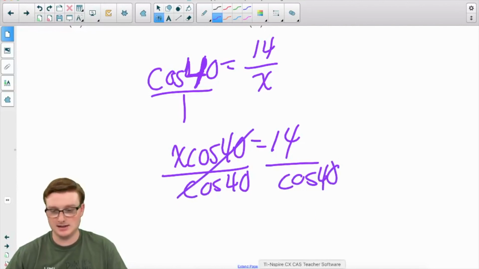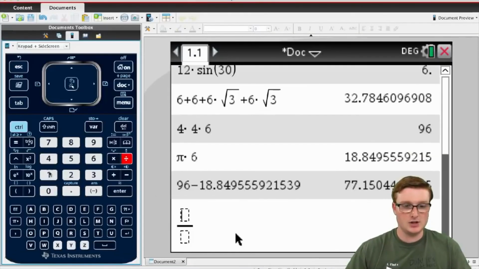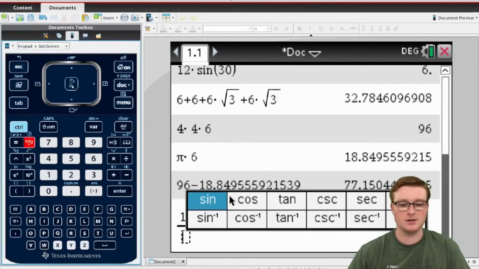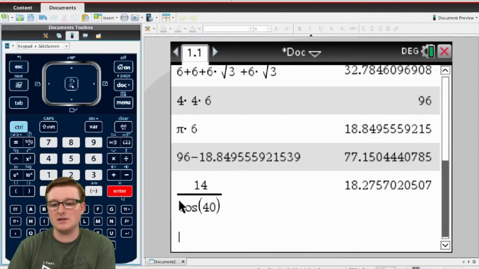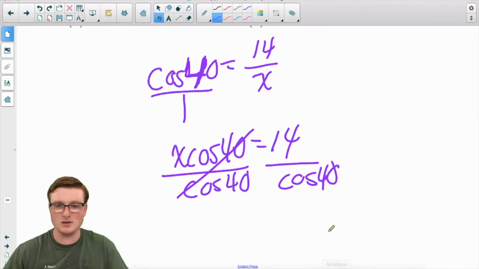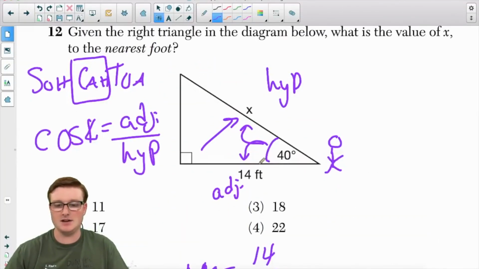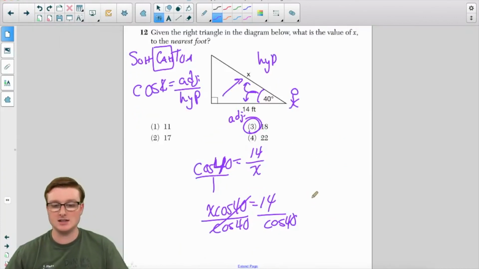And we get 14 over the cosine of 40, and we get 18.27. That's about 18.3. Doesn't matter. They're asking you for the nearest foot. That is equal to 18. So x is approximately equal to 18.